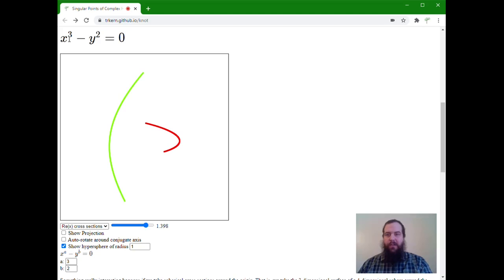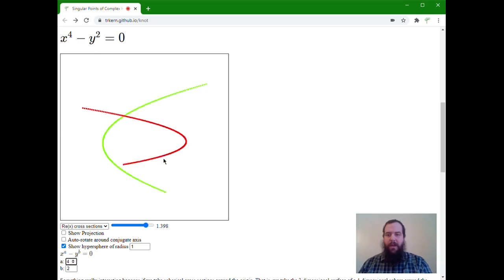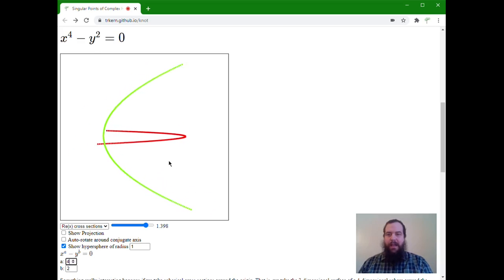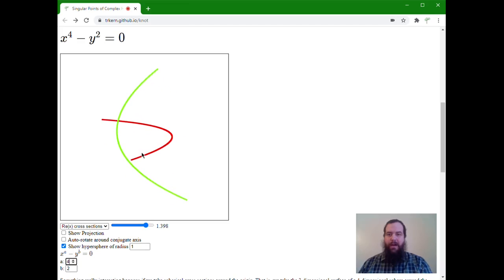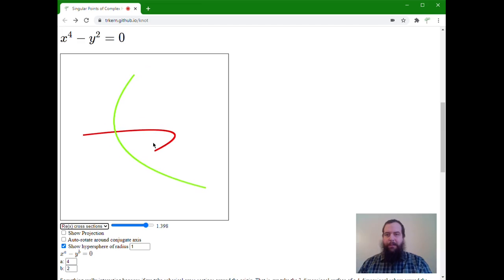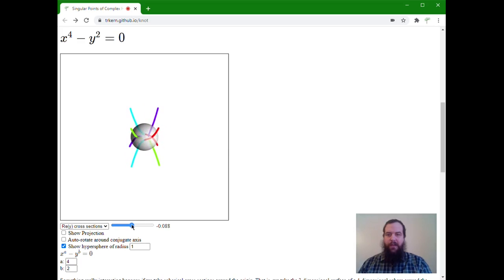It's also worth noting that this interactive allows you to change the exponents here. We can change from looking at x cubed minus y squared to looking at x to the fourth minus y squared, and it's exactly what you think should happen. You wind up getting multiple branches. In this case, we again have 2 branches, and in this case, we actually have 4 branches, and they do the same sort of interchange that we saw in the 3-dimensional case.